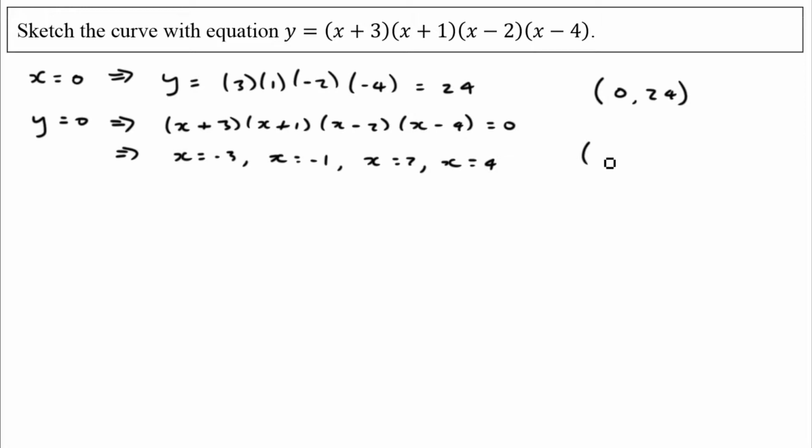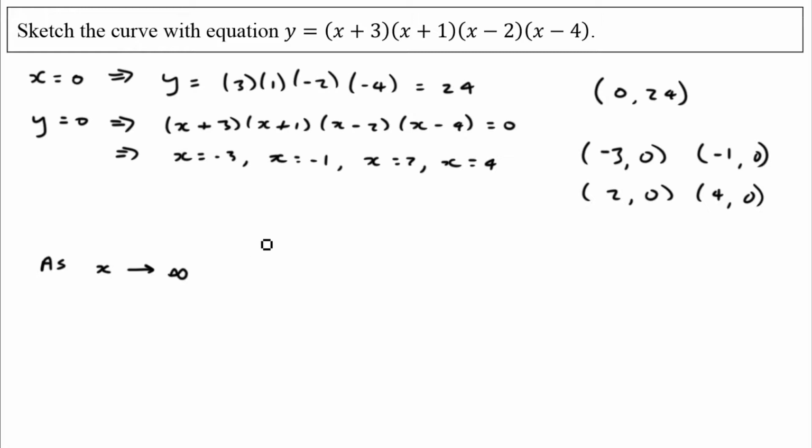So we have the following intersection points with the x-axis: (-3, 0), (-1, 0), (2, 0) and (4, 0). We can also investigate the behaviour of this curve as the value of x gets closer and closer to infinity.